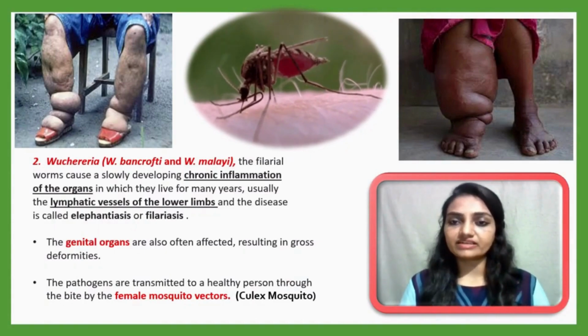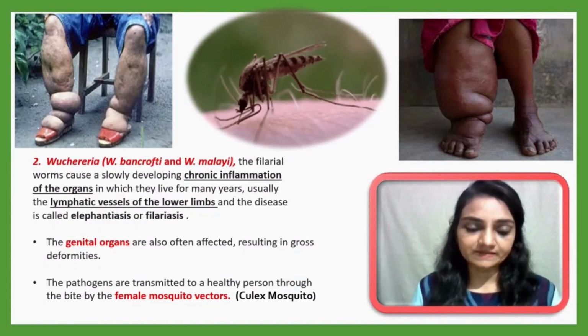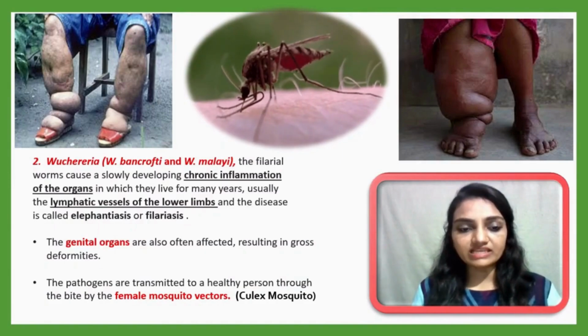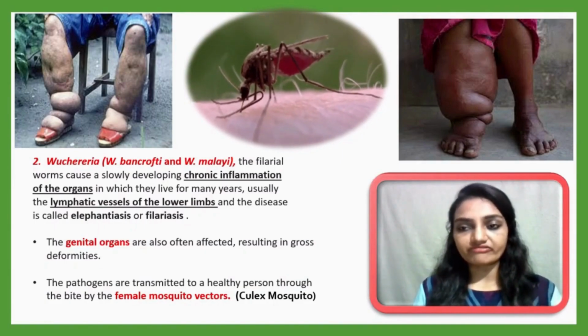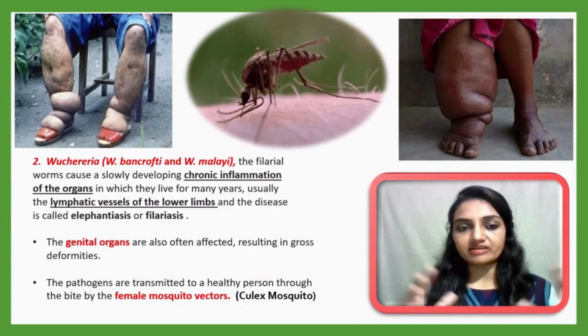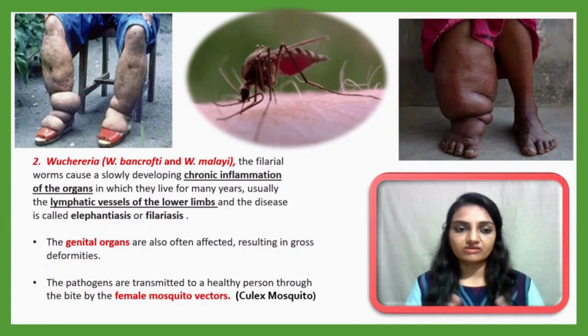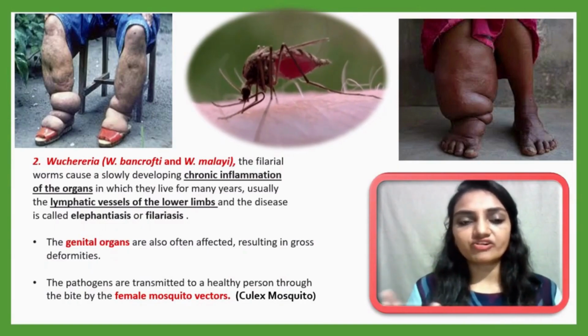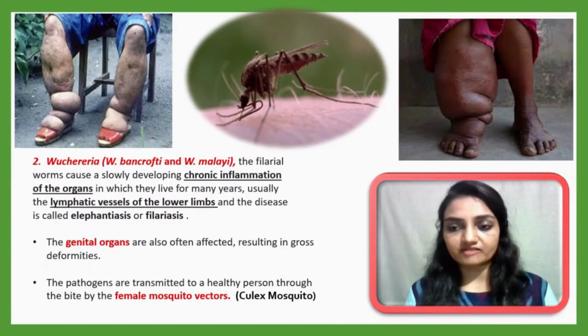It is sometimes also called filariasis. Sometimes, along with the legs, the genital organs also get infected, resulting in gross deformity. Once infected, it will deform the organs, and unattractive, deformed structures will develop.